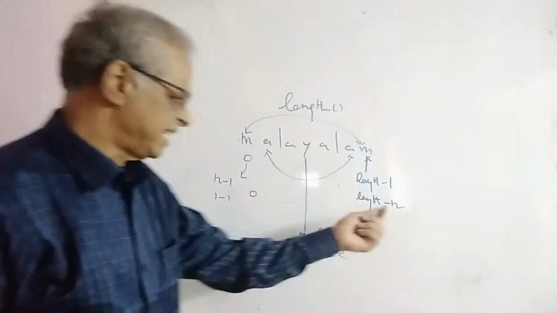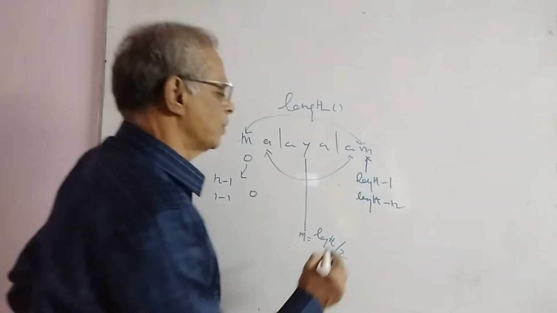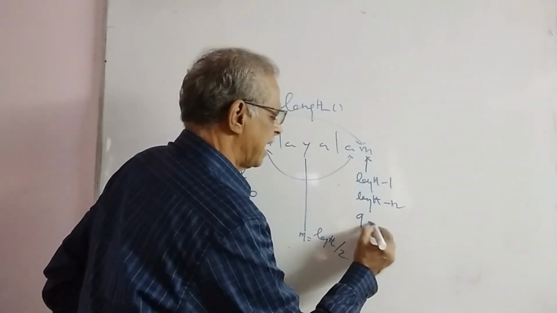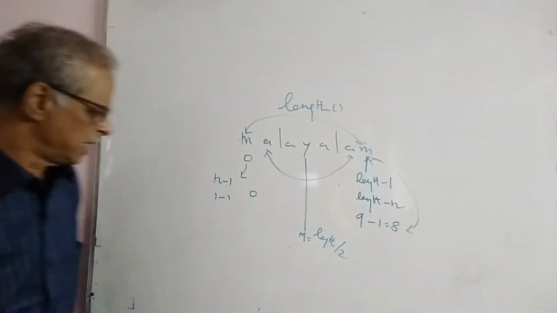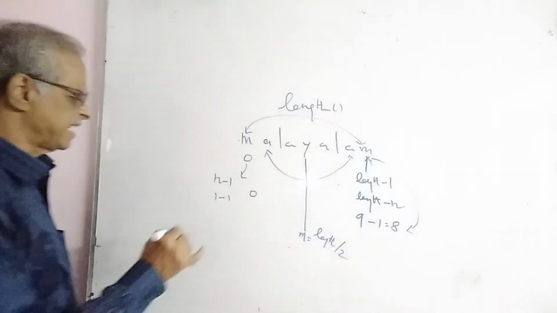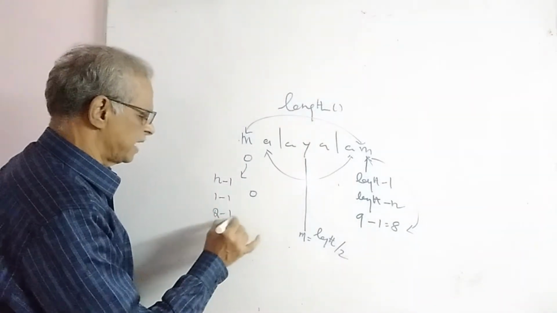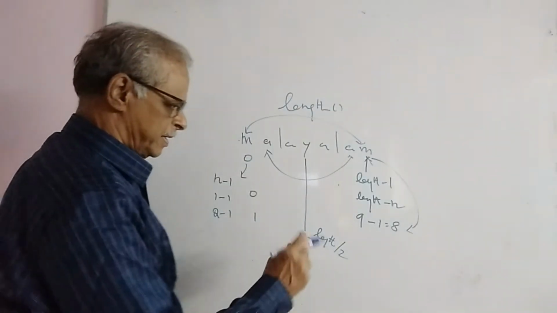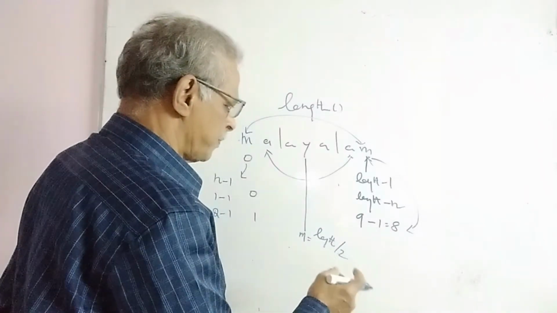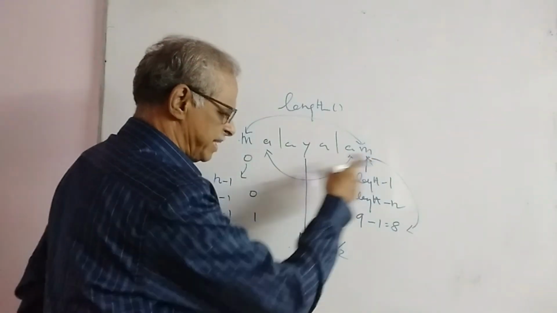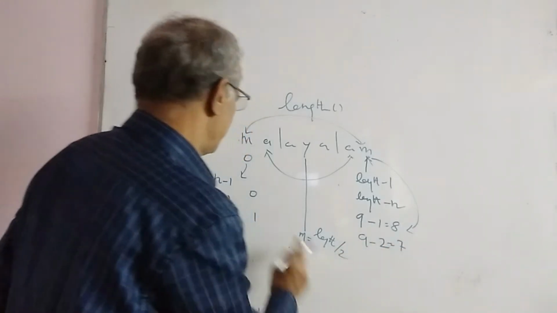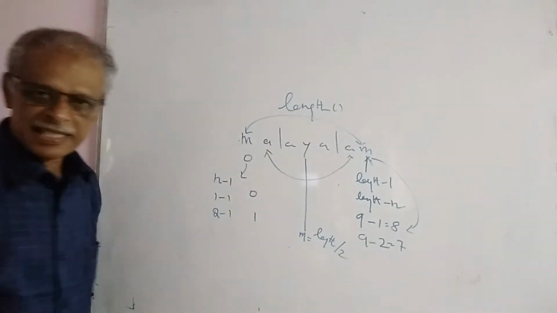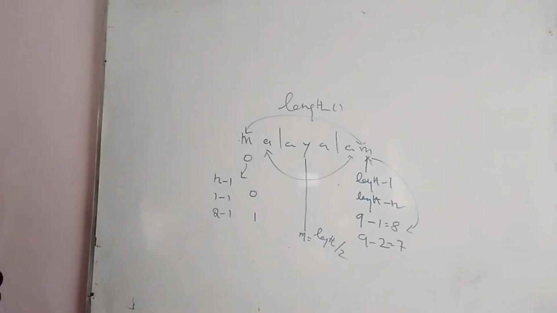Index of the first character from the end, with length equal to 9, is 9 minus 1, 8. Index of the second character equals 2 minus 1, 1. And index of the second character from the end equals 9 minus 2, 7. We have to check the second character with the seventh indexed character.